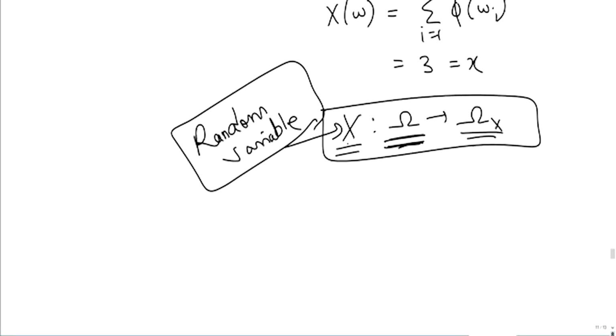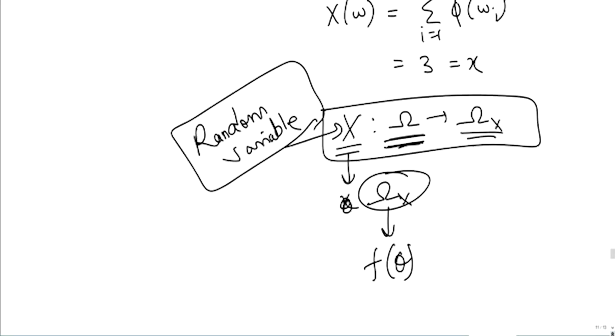And why is this useful? Because X gives you these numeric values. So, you always define a probability assigner function on the values of the random variable. What are the values of the random variable? Basically, whatever is there in this another space omega x, right. So, whatever output values you will get when you apply this function to omega.